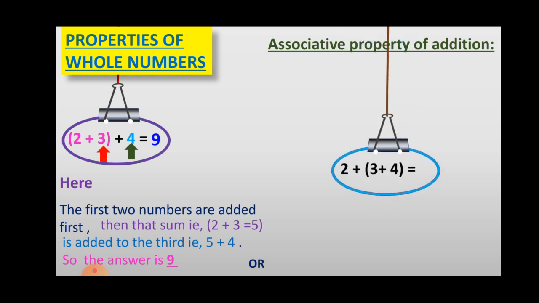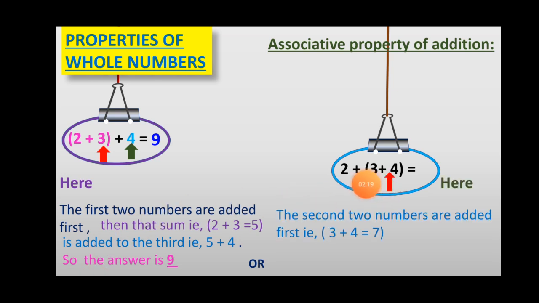Or else, these three whole numbers can be added in such a way that we first add the next two whole numbers. After obtaining the sum of these next two whole numbers, which is equal to 7, this sum we can add to the first whole number, that is 2.